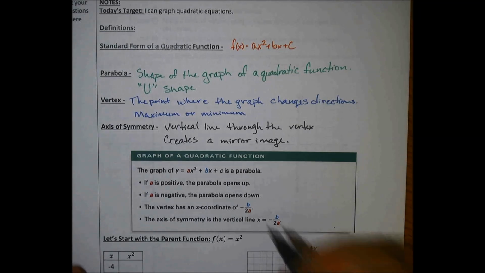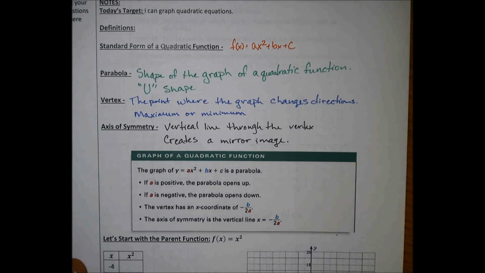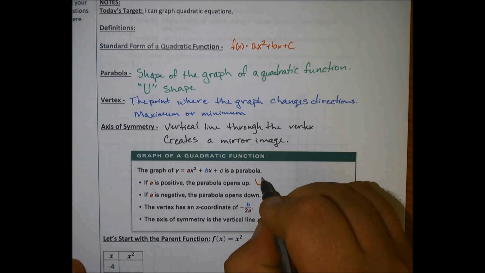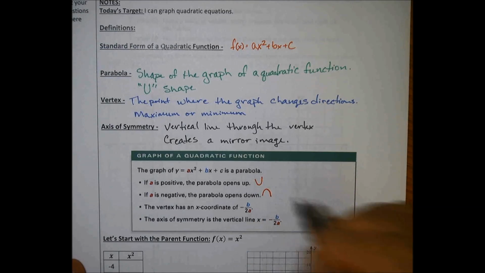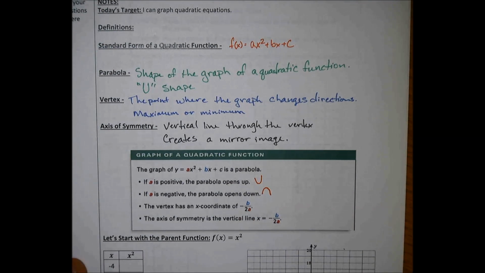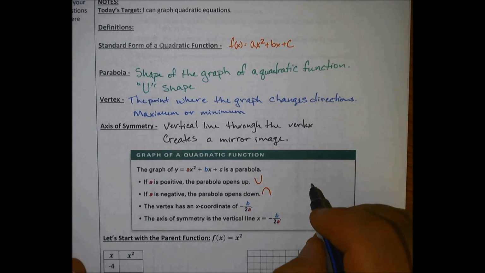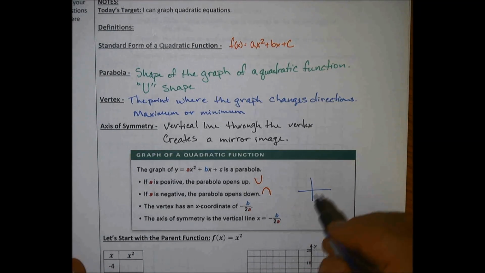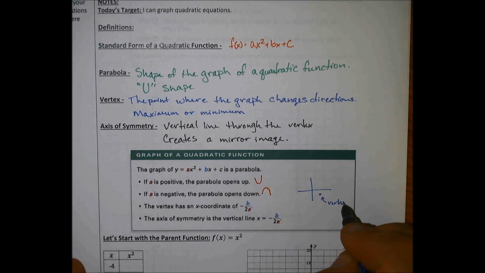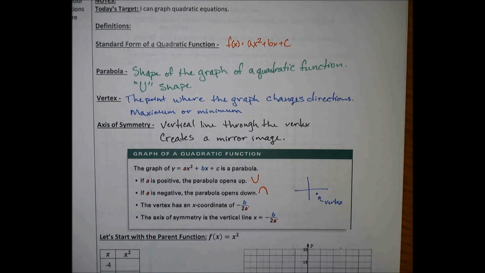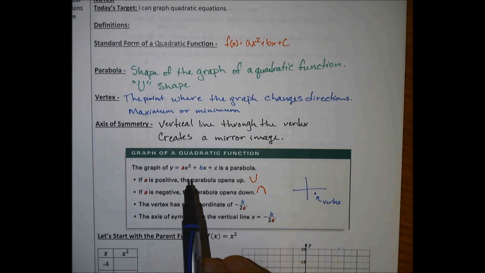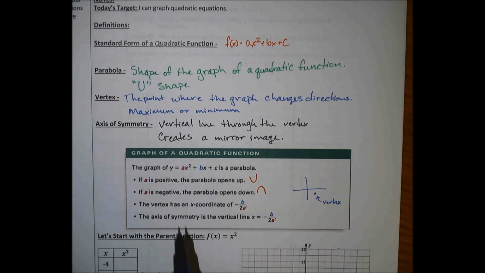Okay, and the two looks for that will be, upwards would look like this, downwards looking like this. Okay, and then the vertex has an x-coordinate of negative b over 2a. And so let's say that we have the vertex here. The x-coordinate of that will be that negative b over 2a, using the a and b from up above. So whatever you have there is what it's going to be.